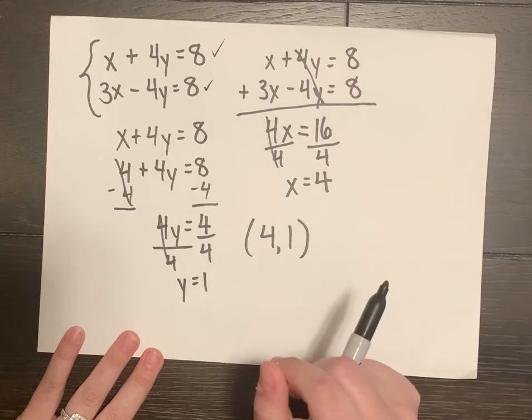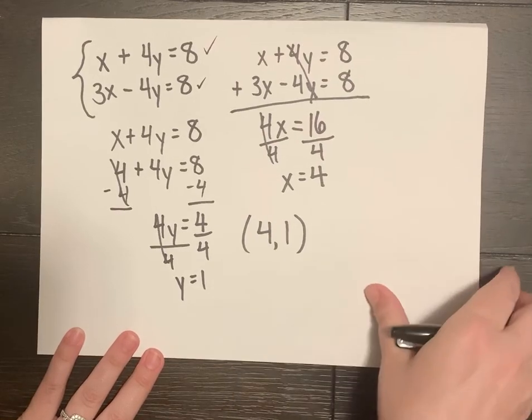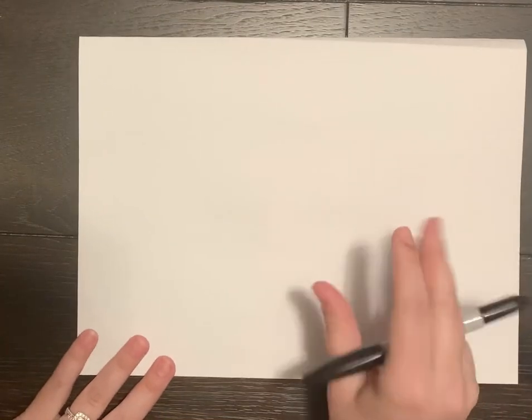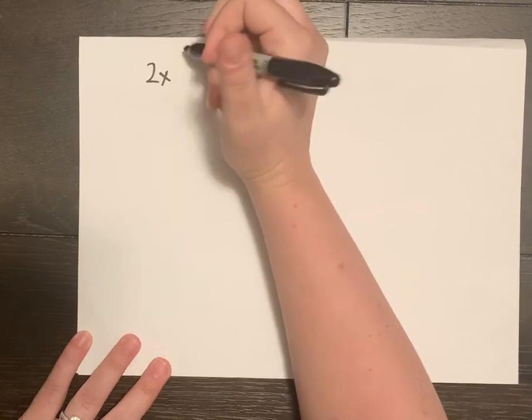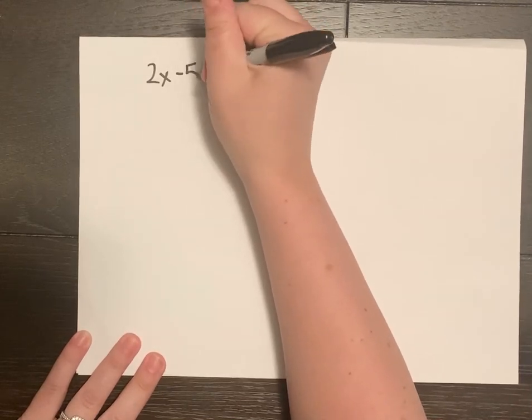Now, figuring out if you would eliminate by subtracting, that's a different problem. So let's say, for instance, let's look at this set, because this, I'm pretty sure, ends up in subtraction.